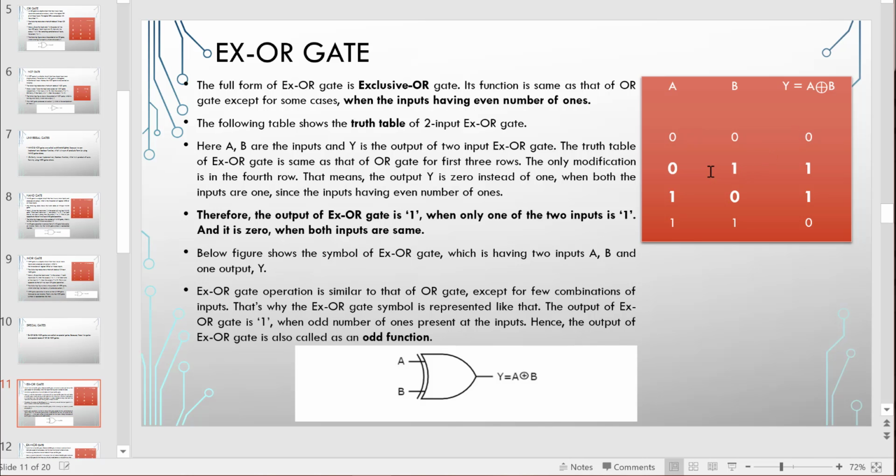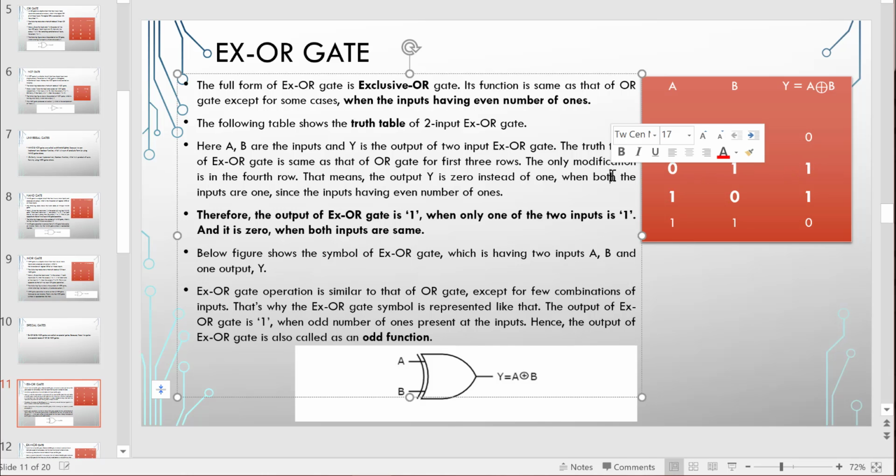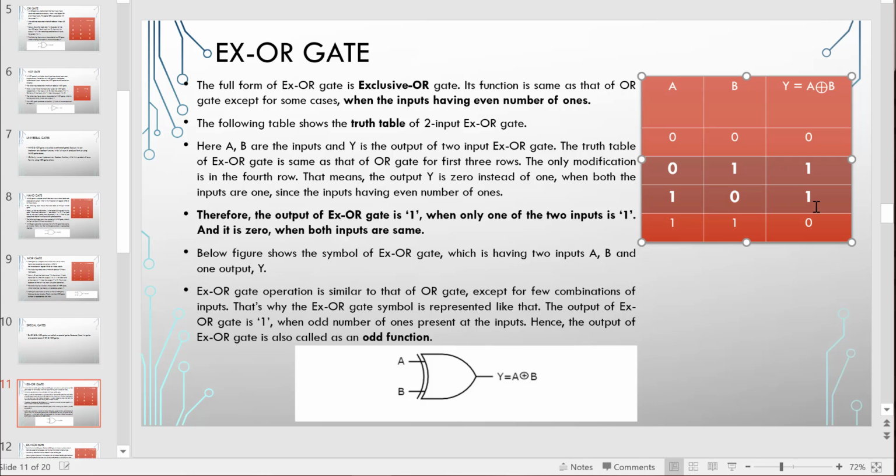And as we have seen, if there is 1 in any one input, we will get 1 in the output. So these two lines are the same as in the OR gate. What was that case? That if there is 1 in either input, B or A, we will get 1.